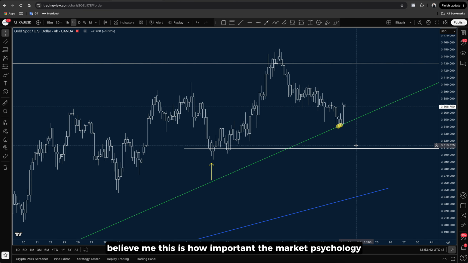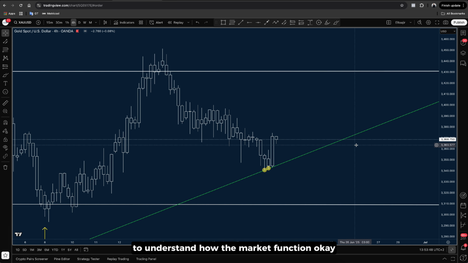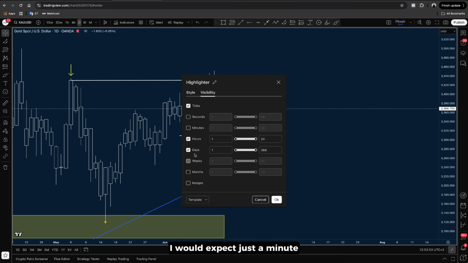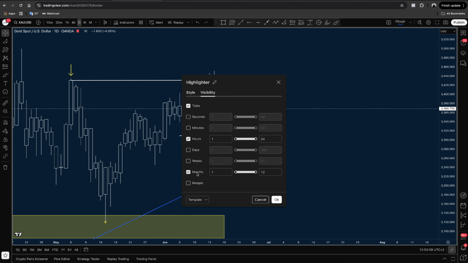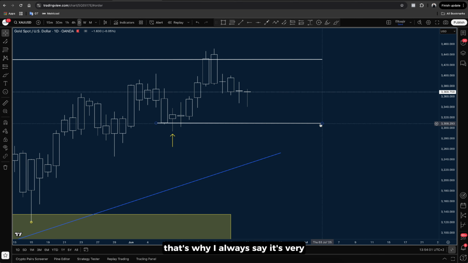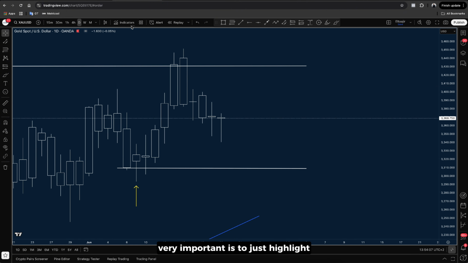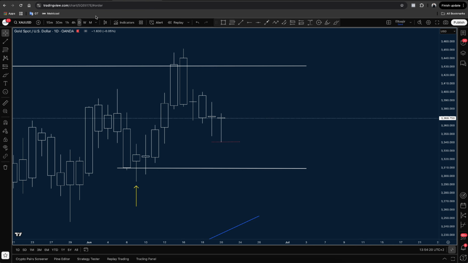Believe me, this is how important market psychology is to understand how the market functions. So that's why I would expect, starting maybe next week, and that's why I always say it's very, very important, guys, to highlight this low, which is the low of the weekly dotted line.